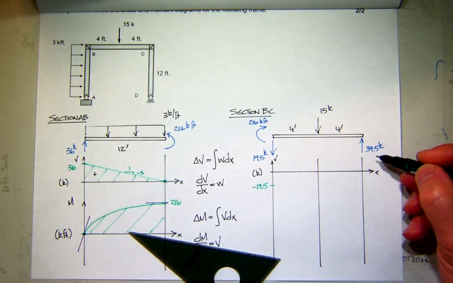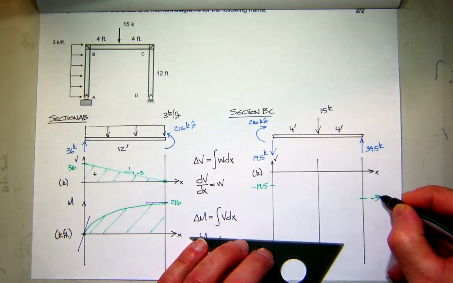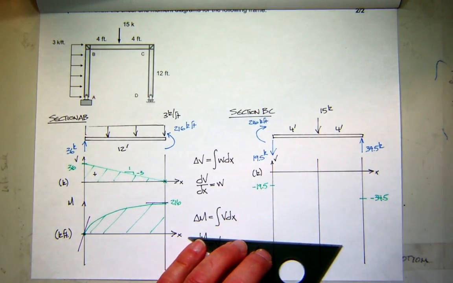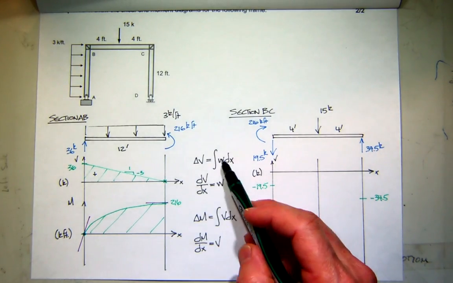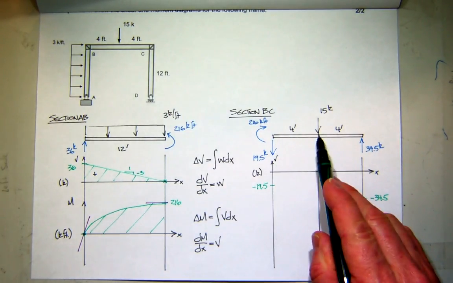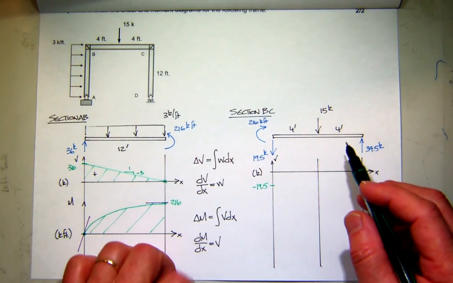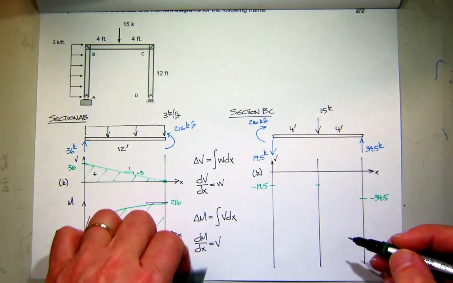That's also a negative shear force. Now the change in shear is the area in the load curve. What's the area in the load curve for the first 4 feet? 0. So there's no change. So this 19.5 value stays the same.